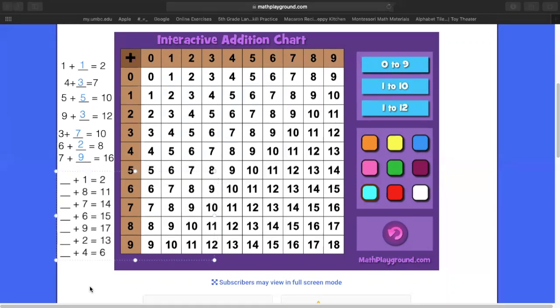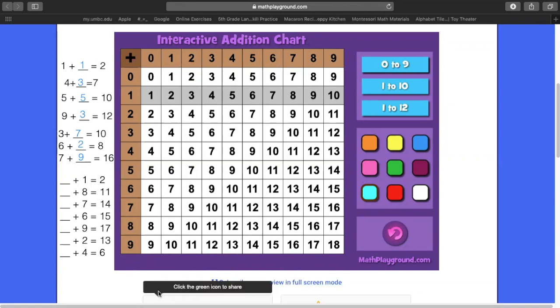All right. Raise your hand if you were able to answer the first question. Grace, can you help me with the first question? I'm going to start with 1. I have to start with this one. And my answer is 2, so I have to count to the 2. So what plus 1 equals 2, Grace? 1 plus 1 equals 2.